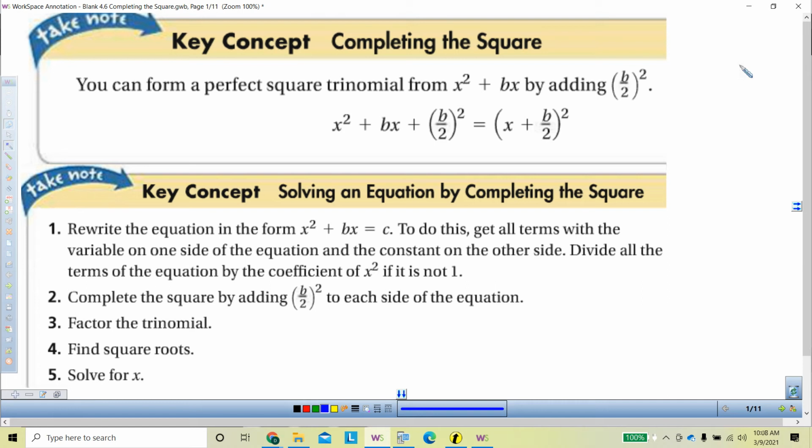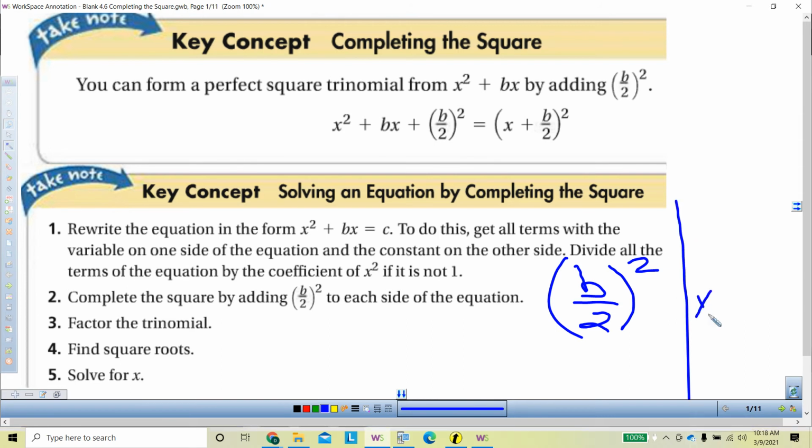Those directions aren't too difficult to understand. What I want you to think about as you look at these directions is we have two different formulas that are close in this chapter. We have this one, and here's the other one. Many students mix these up. The first one, b over 2 squared, is for completing the square.